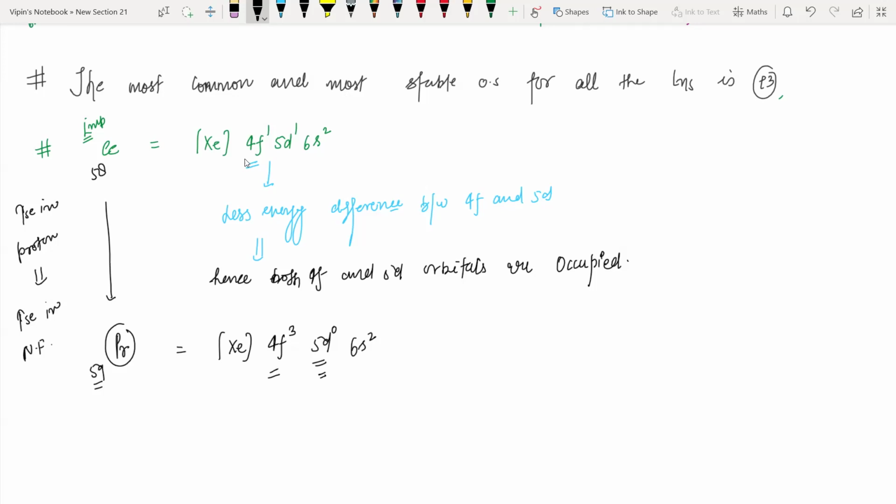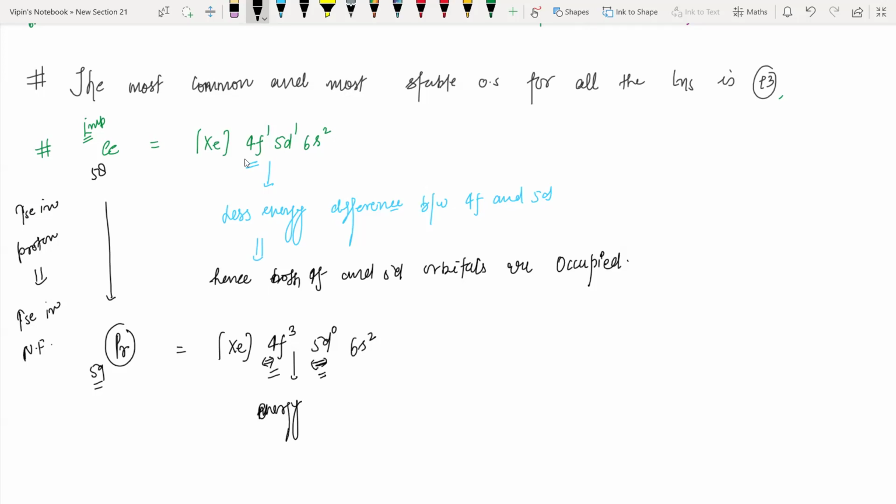are present closer to the nucleus, right? The 4f orbital is present in the 4th shell, the 5d orbital is present in the 5th shell. So the nuclear force will be more over the 4f shell as compared to the 5d shell. This orbital is attracted by more force, this orbital is attracted by less force. Therefore, there will be an energy difference.